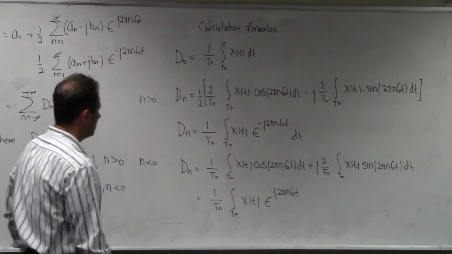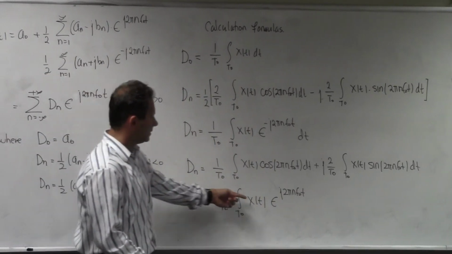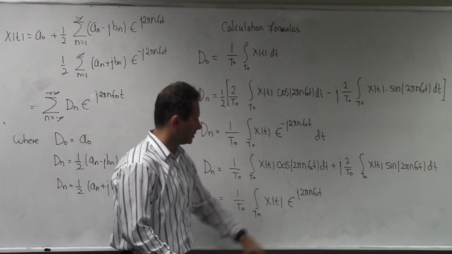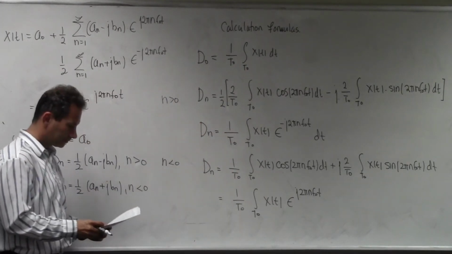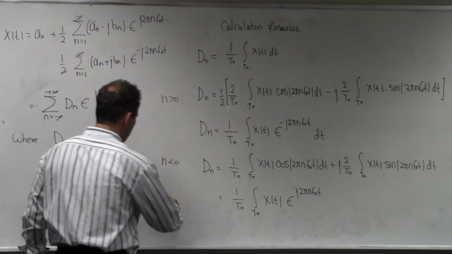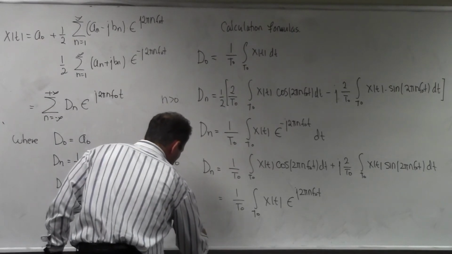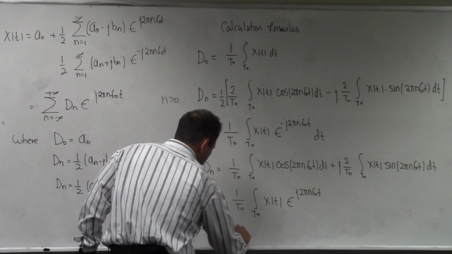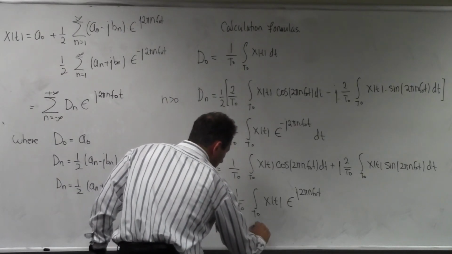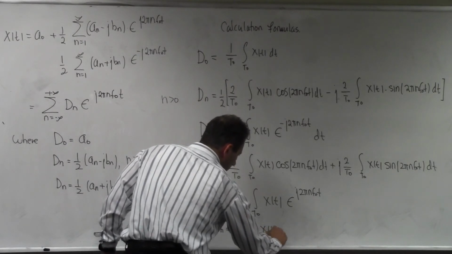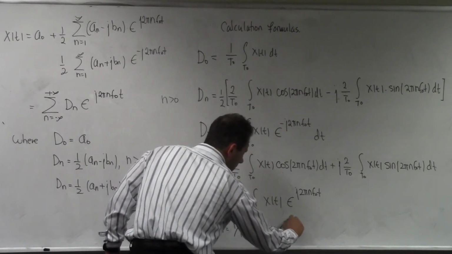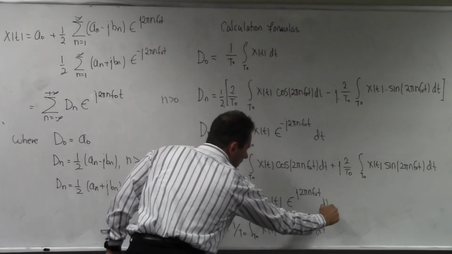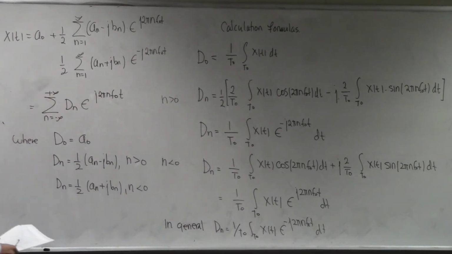Right, so that's for n smaller than 0. And since you can write this the same way as this, just work with the positive n and then put the minus. So in general, I get the formula: dn is equal to 1 over T0 integral over T0 x of t e to the minus j 2 pi n f0 t dt.